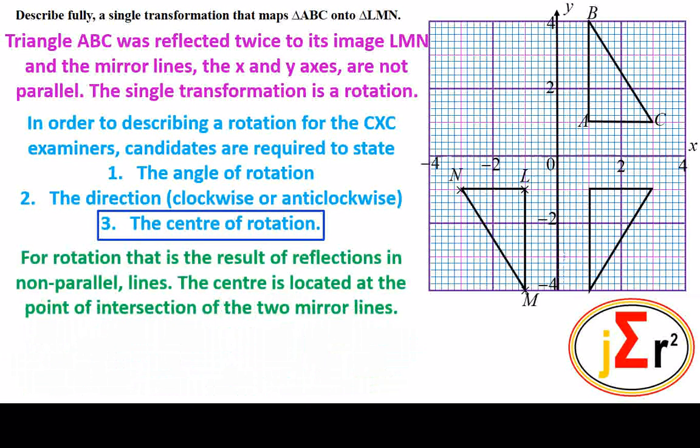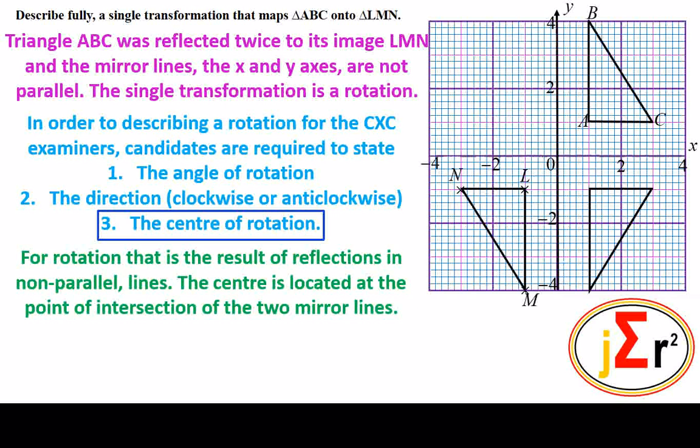For a rotation that is the result of reflections in non-parallel lines, the center is located at the point of intersection of the two mirror lines. So we have two reflections in the x-axis, in the y-axis.